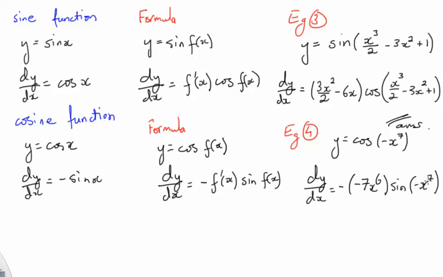If I'm going too fast, pause the video. And if we tidy that up, negative times a negative is going to make a positive, so that becomes 7x to the 6 sine negative x to the power of 7.